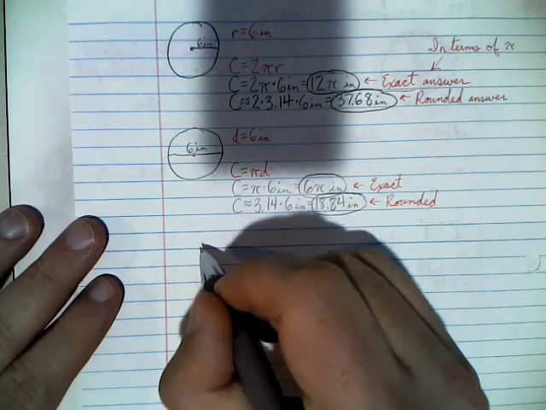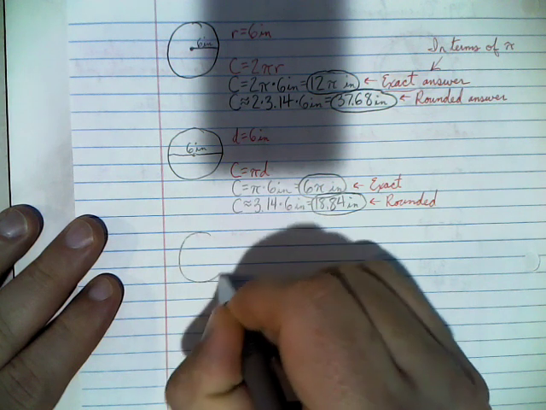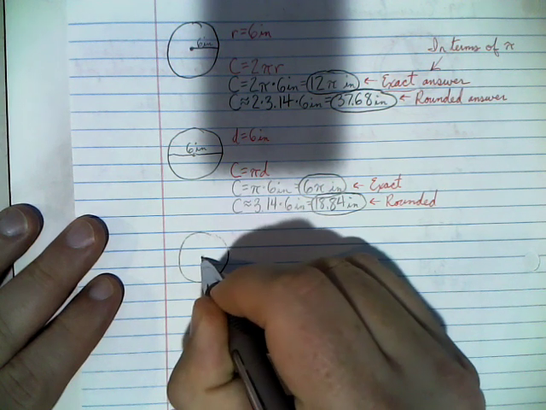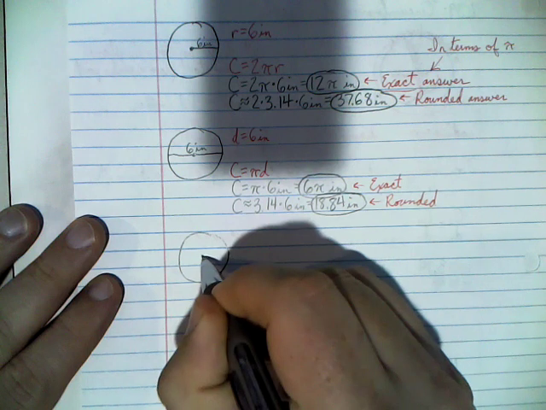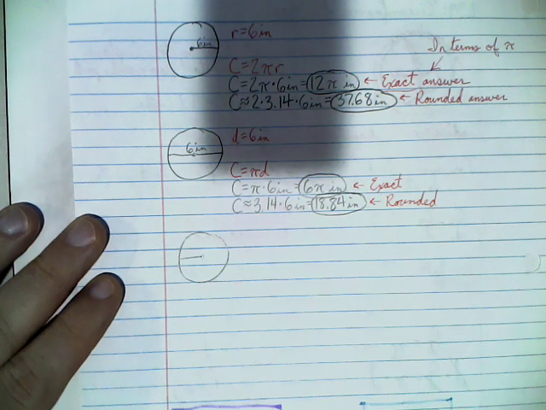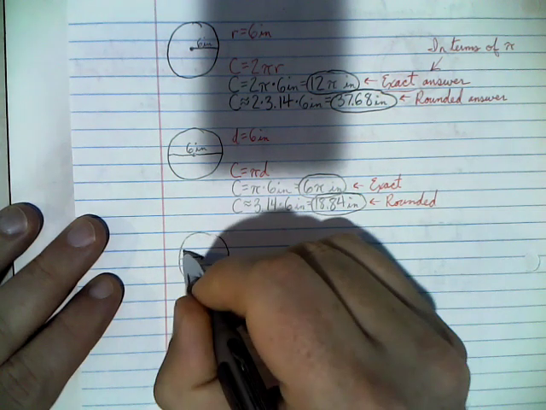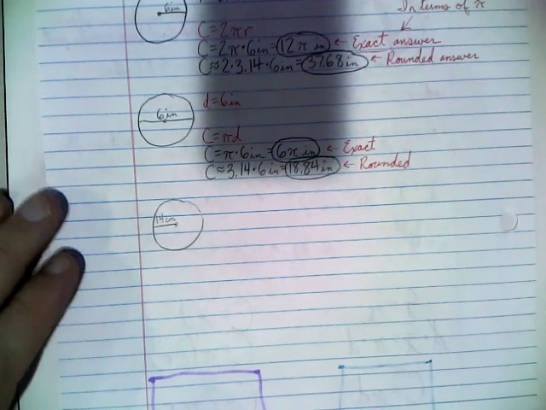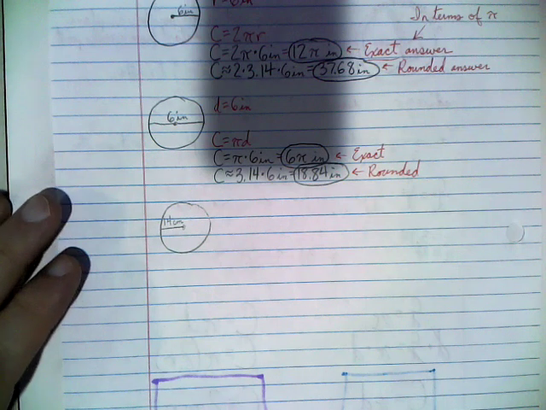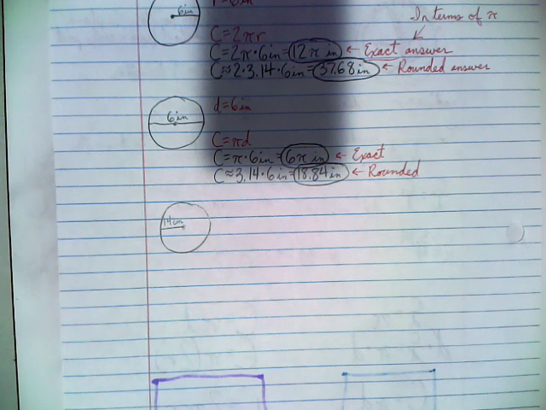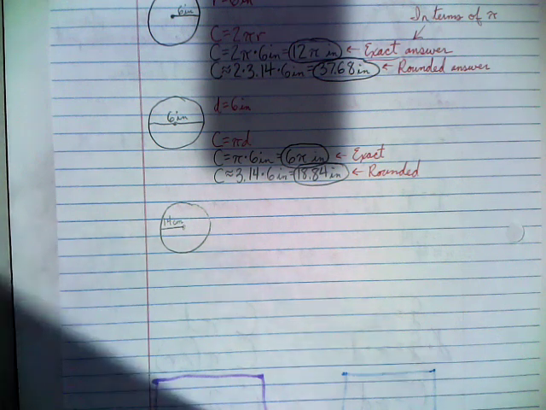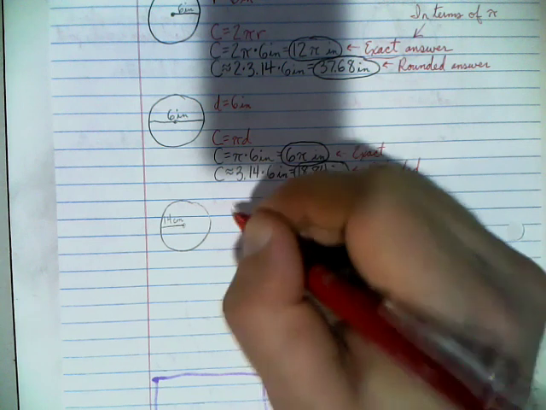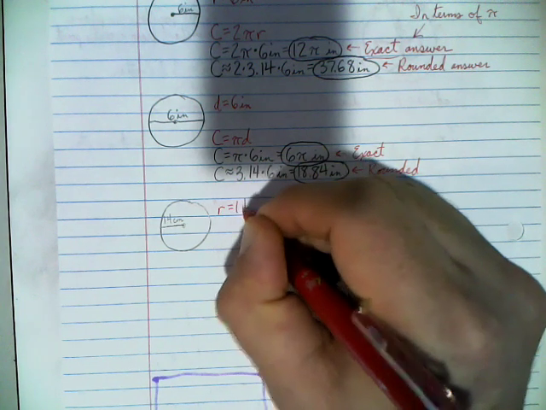All right, we're going to make another circle. For this one, I'm going to make a segment going right like that. And I'm going to label this as 14 centimeters. So since this goes from the center to the circle, that means it's a radius.